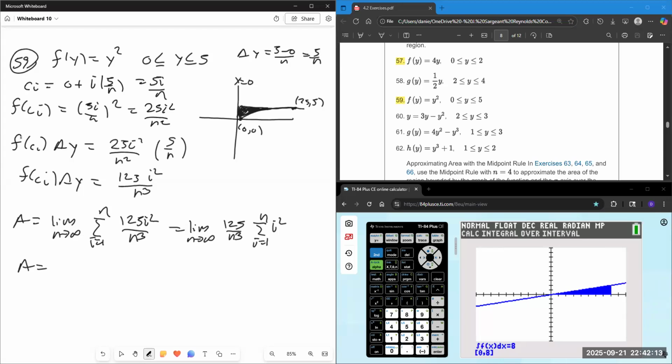So A is the limit as n goes to infinity of 125 over n cubed times n times n plus 1 times 2n plus 1 over 6.